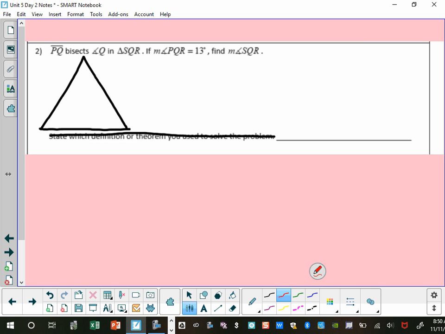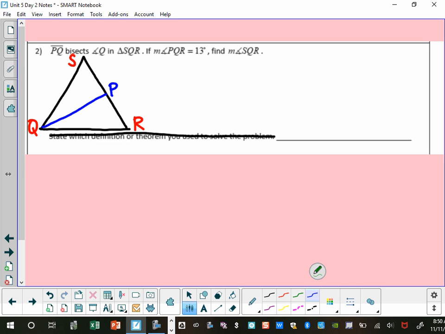My triangle is called SQR, and PQ bisects angle Q. So I'm going to start with angle Q, draw a line as straight as I can, and name it P. Now I just completed that whole first sentence: PQ bisects angle Q in triangle SQR.